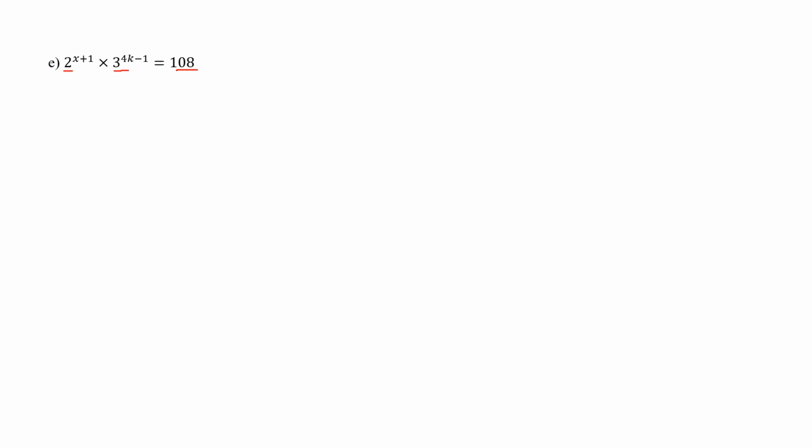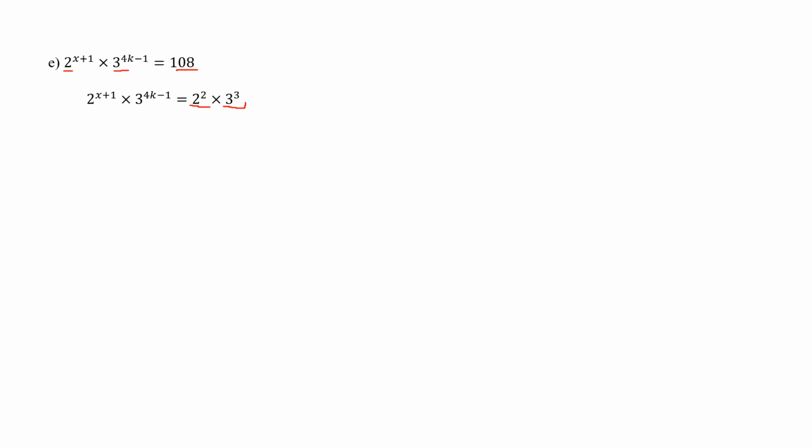So what we are going to do on the right hand side is write 108 as the product of its prime factors. Since we have been doing that ladder method, you can try it out there, but when you prime decompose 108, we shall have 2 squared times 3 power 3.